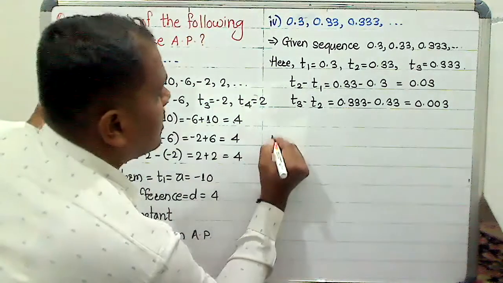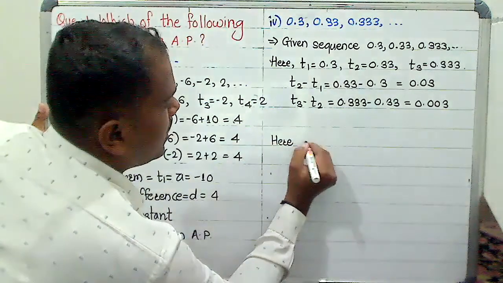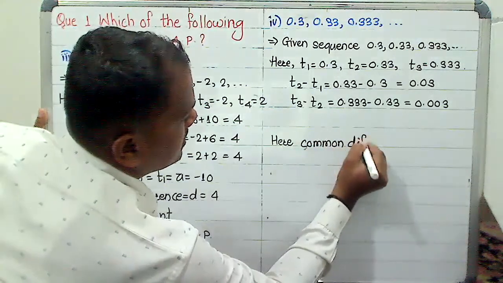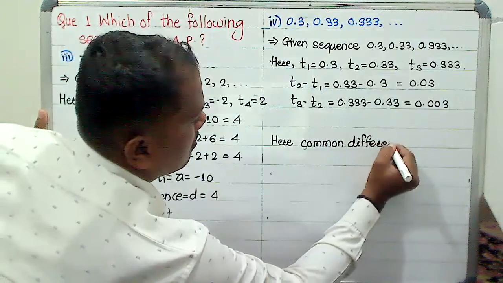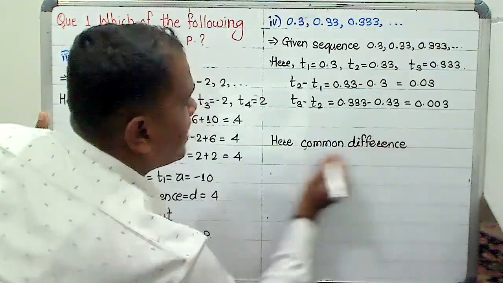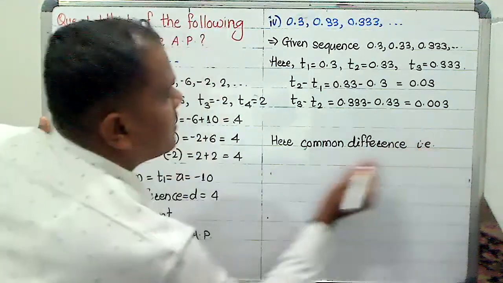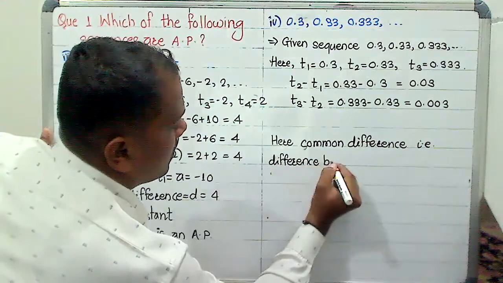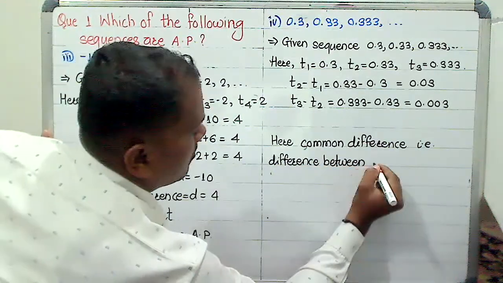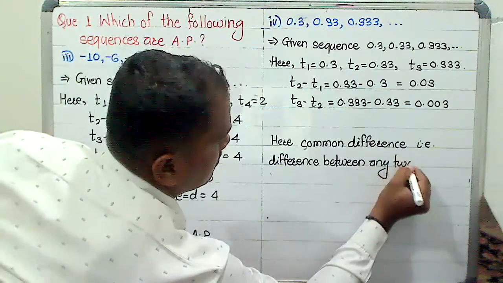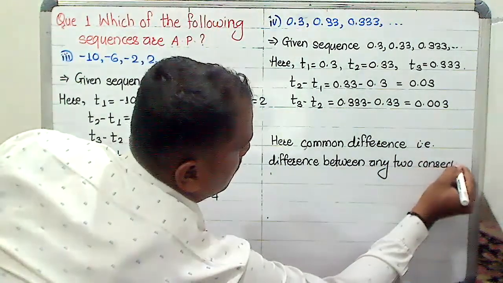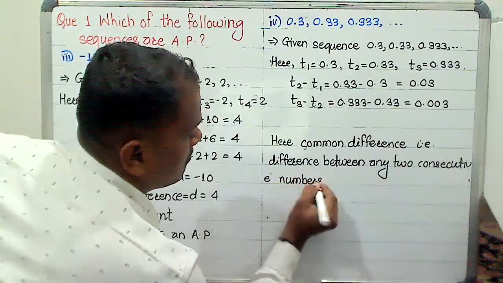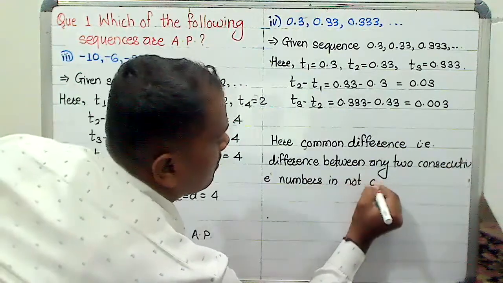So how we can write here, common difference, that is difference between two consecutive numbers, difference between any two consecutive numbers is not constant.